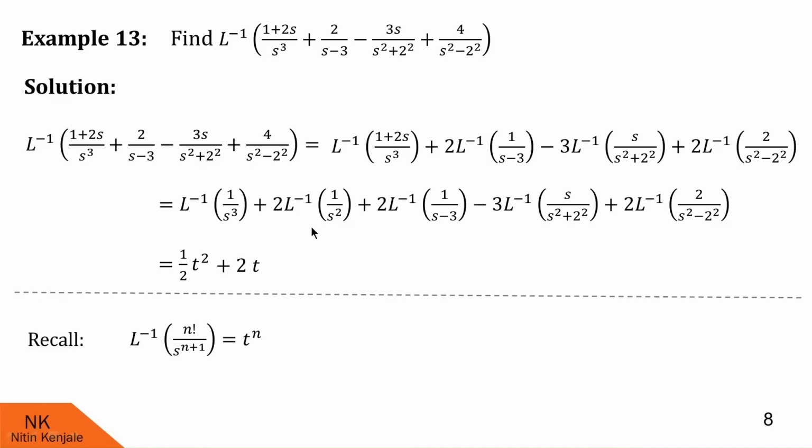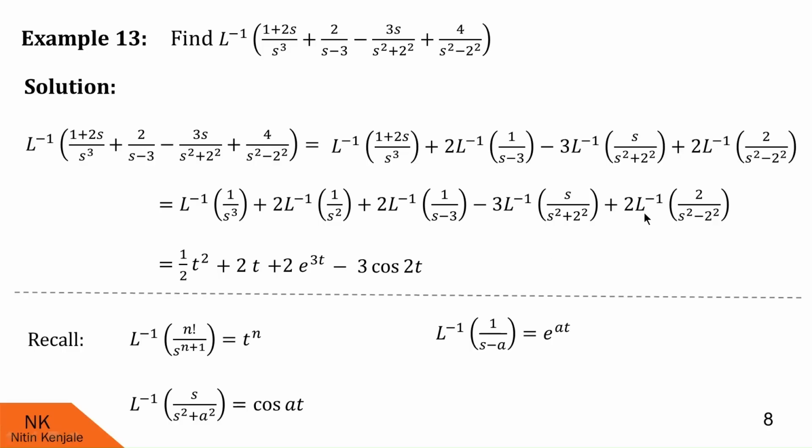L inverse of 1 upon s square is t. L inverse of 1 upon s minus 3 is e raised to 3t. And L inverse of s upon s square plus 2 square is cos 2t. Also, L inverse of 2 upon s square minus 2 square is sin h 2t. So this is the inverse Laplace transform of the given function.